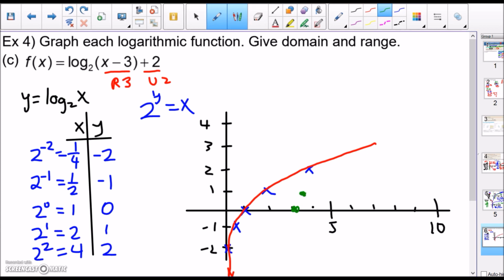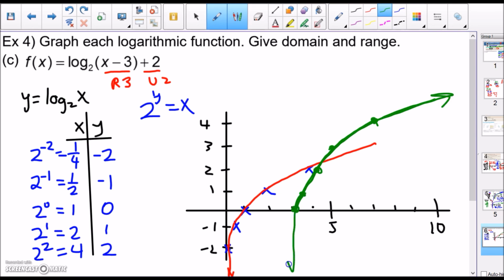Next one, 1, 2, 3, and up 2. 1, 2, 3, and up 2. 1, 2, 3, and up 2. So it doesn't look awesome because my tick marks aren't very well spaced, but that's what we're going to have.